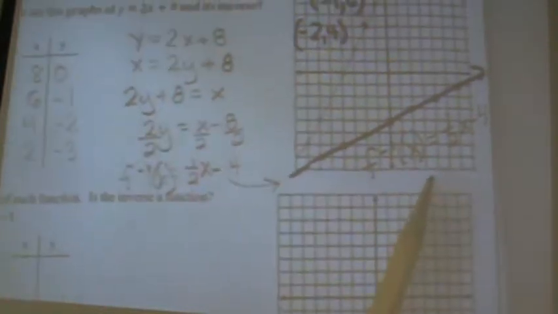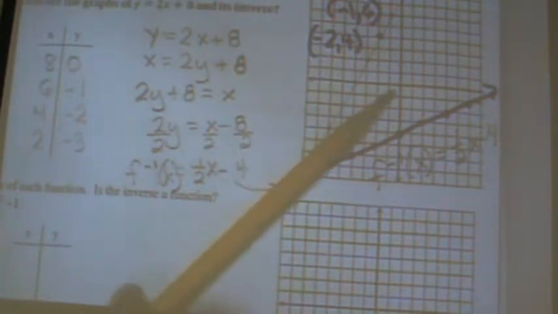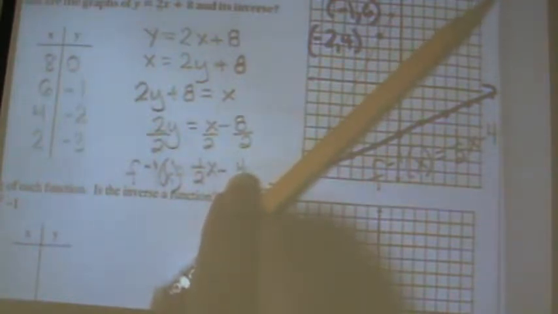Now, did anybody notice anything cool about this graph? There's some symmetry. Does anyone know where the symmetry lies? If I were to take this line, y equals x, and flip over, yep, right there. So that's another thing you can check for. If you can fold this piece of paper where my pencil is, this line should land right on that line.